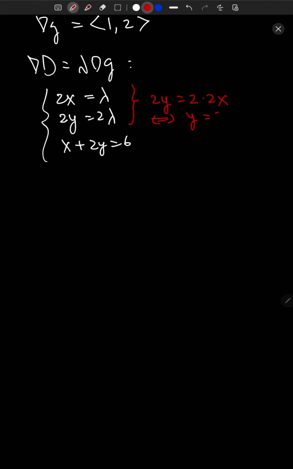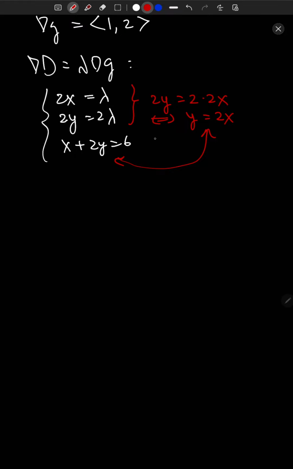Which tells me y is equal to 2x. Okay, since y is equal to 2x, so notice I didn't do any cancellation of lambda or anything like that. I just substituted lambda equals 2x into the second equation. So there's nothing to worry about in terms of having done any illegal cancellations or uncareful cancellations. All right, y equals 2x.